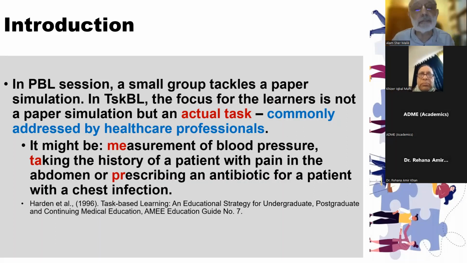It might be, for example, measurement of blood pressure, or taking history of a patient with pain in abdomen, or prescribing an antibiotic for a patient with a chest infection. So tasks would be like that. It can be a procedure like measurement of blood pressure, or it can be history taking or writing a prescription. So these are the tasks which are commonly faced by healthcare professionals.